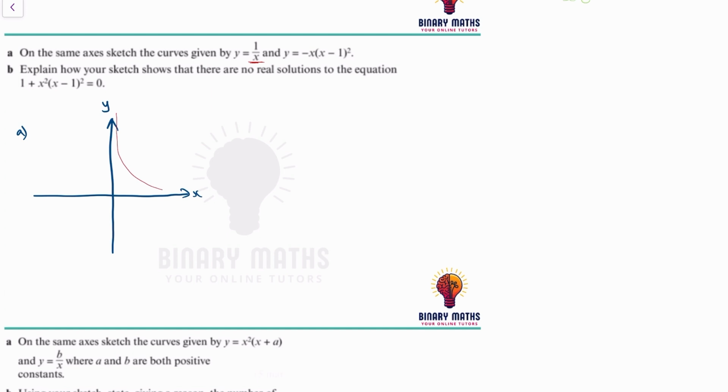So we've got it in the first quadrant and the third quadrant, so y is equal to 1 over x, and your asymptotes are x equals 0 and y equals 0.